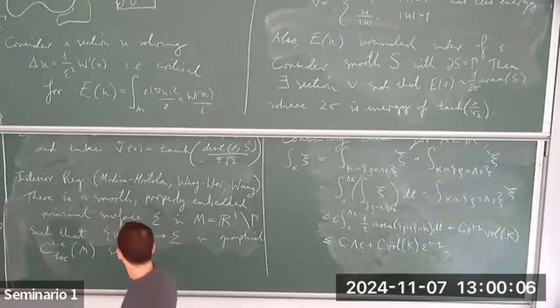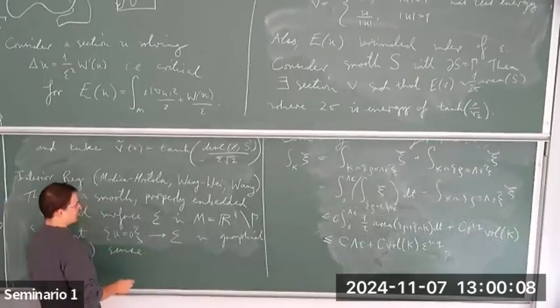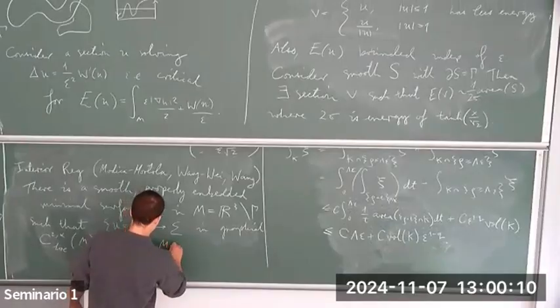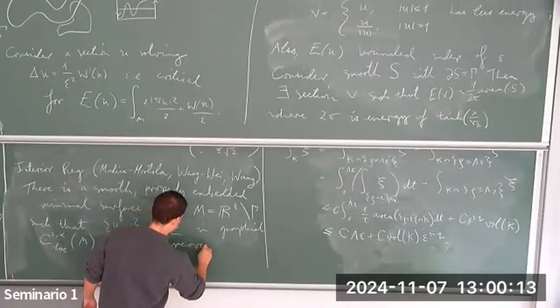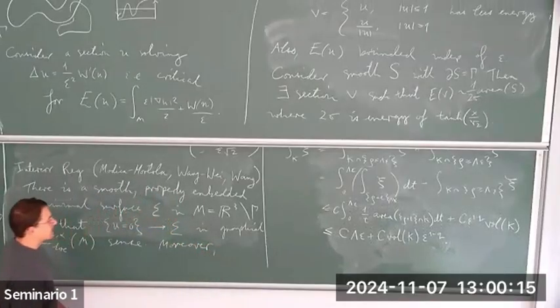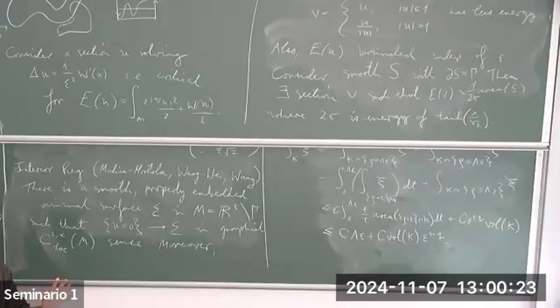And there's one more fact which I need here, which is that we also have convergence at the level of the energy. So up to an appropriate renormalization, the energy of the sections converges to the area measure on sigma.